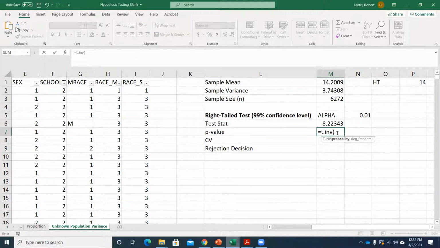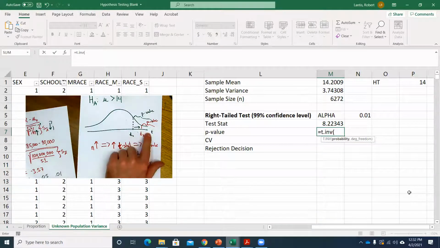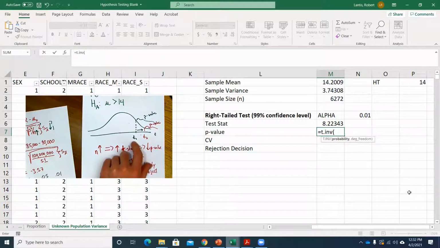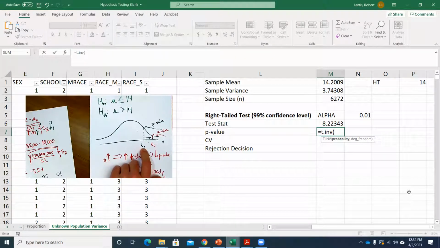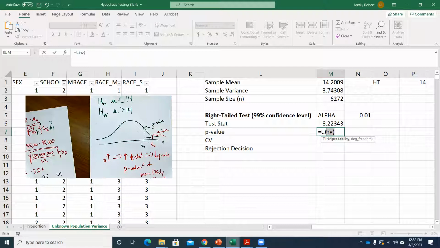Now, remember, we're dealing with a right-tailed test. So when I use Excel, it's thinking about the area to the left. Sorry, I'm showing you how to do critical values. We're doing the p-value approach first.